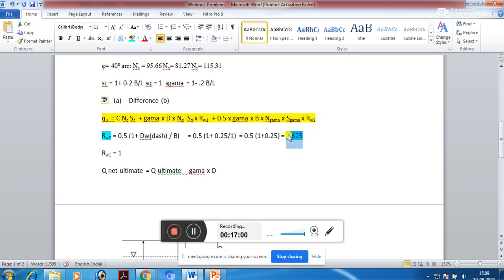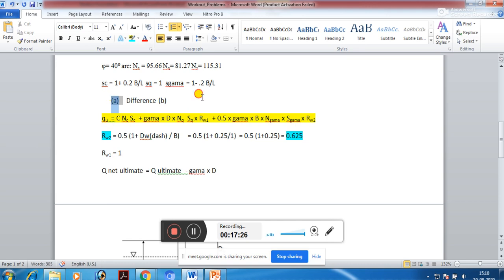And what is the impact of this factor? This factor is going to reduce the value of this gamma, and that's what we explained and discussed in yesterday's class. So this gamma value will be reduced by this RW2 factor, and thus in question number B, this value will be lesser than this value of A.